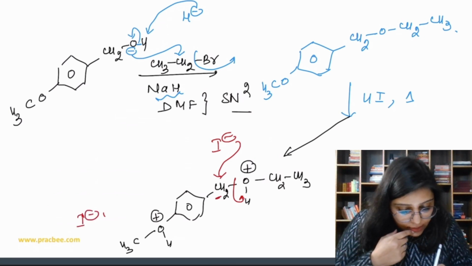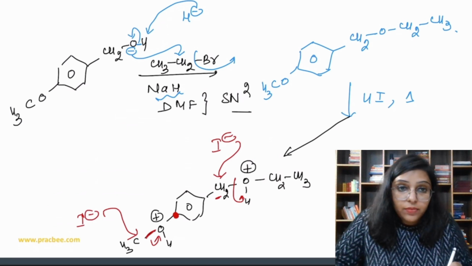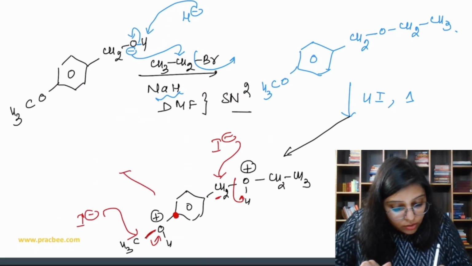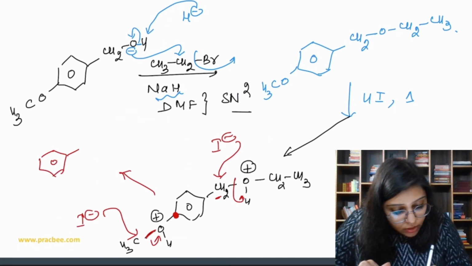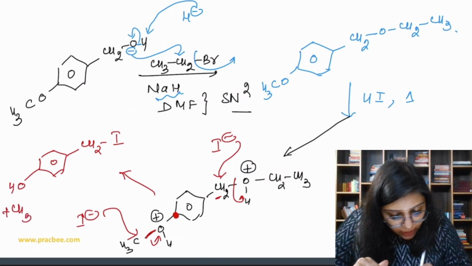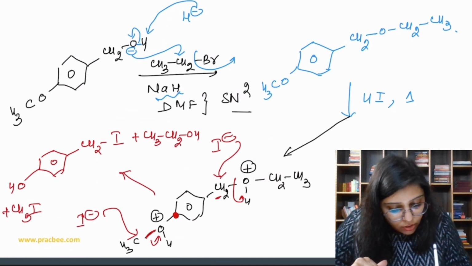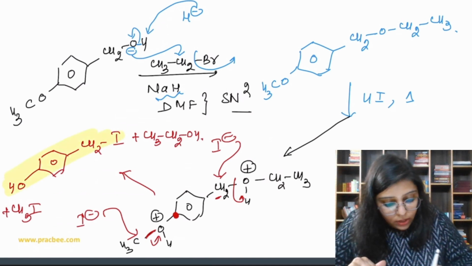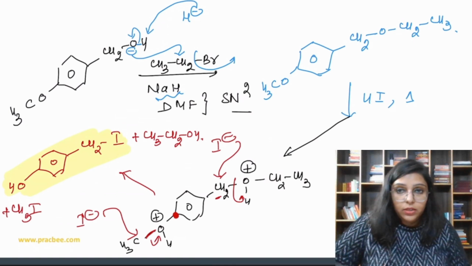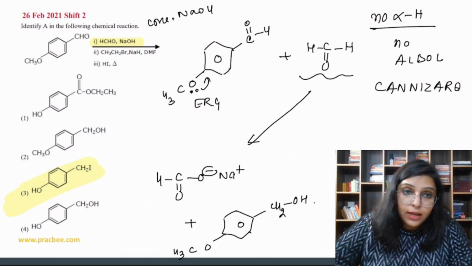And here I minus attacks on this CH3 and this bond breaks, because I minus cannot attack the benzene ring. We have discussed similar reactions in ethers. So from this we get CH2I with OH, from this we get CH3I, and from here we get CH3CH2OH. So this is going to be the major product. Option 3 is going to be the correct answer.